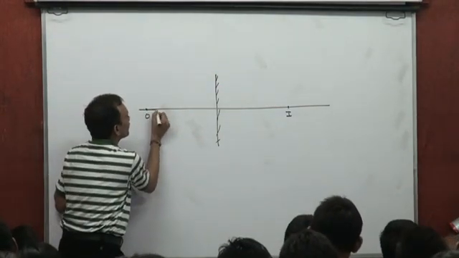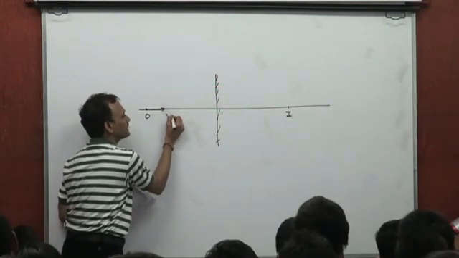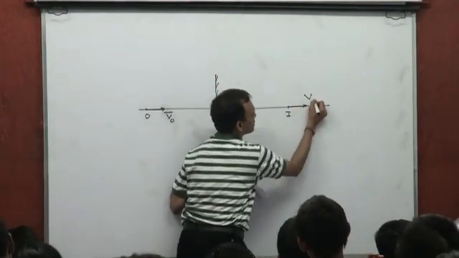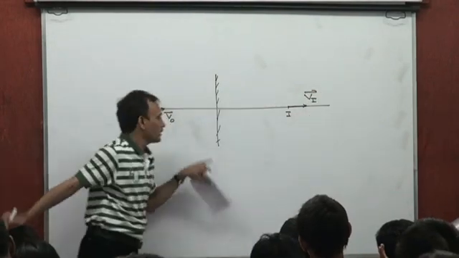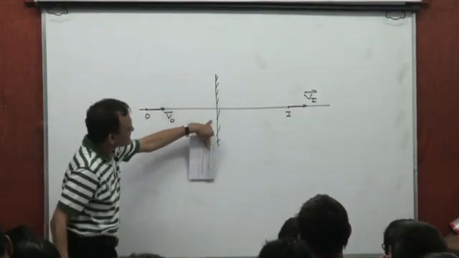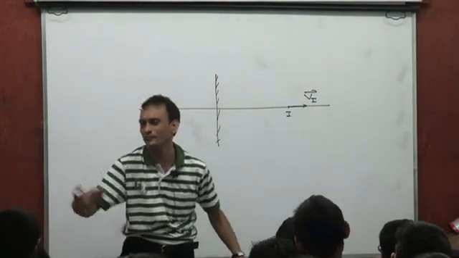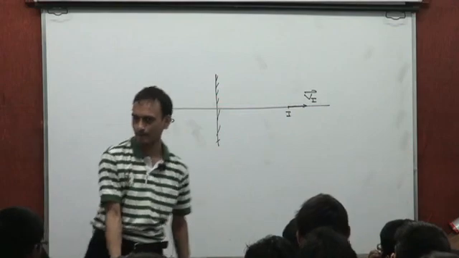If the velocity of the object is simply, let's say, along this direction, the velocity of the image is along this direction, and let's say the mirror is fixed. When I say the mirror is fixed, then V0 and Vi would be like relative velocities, alright.